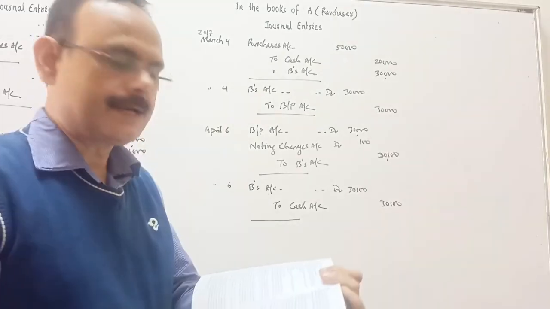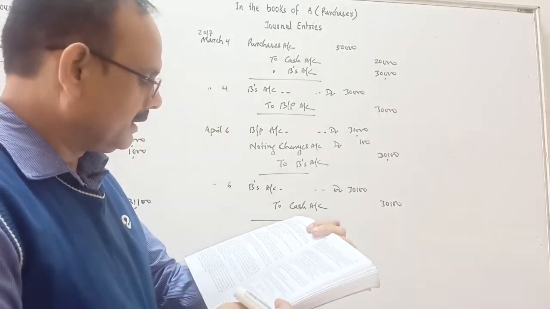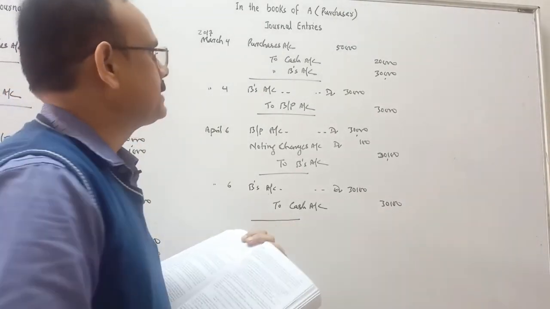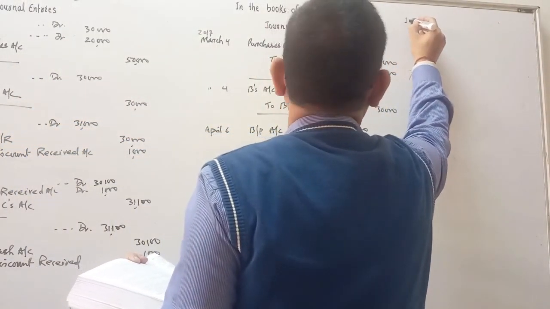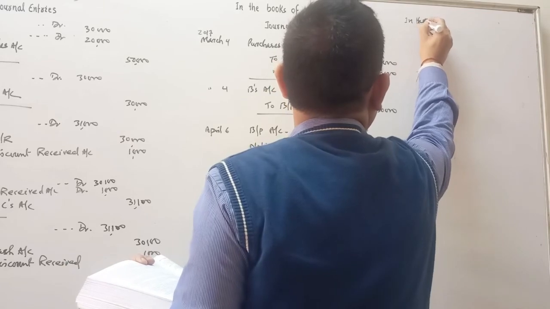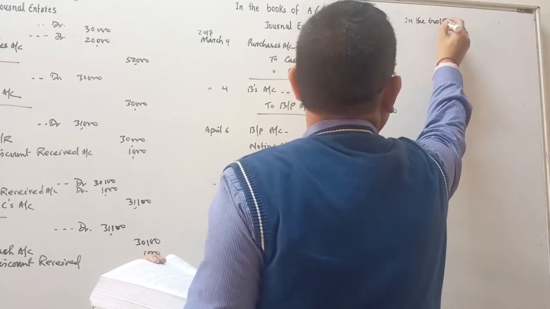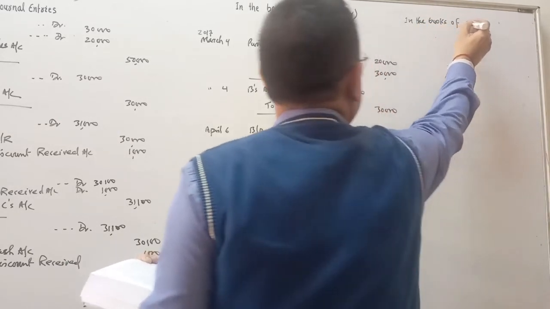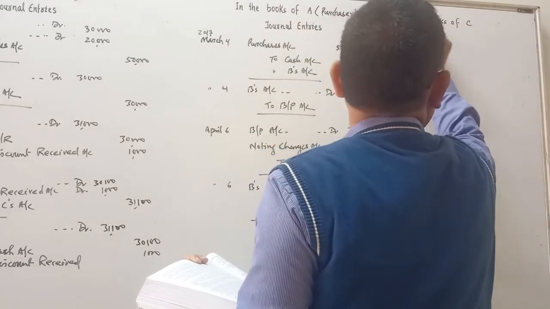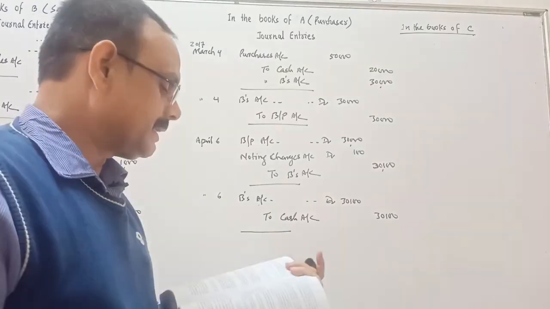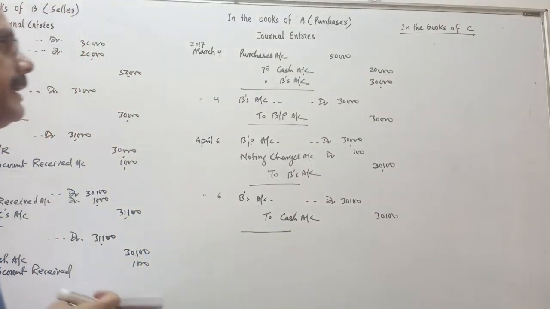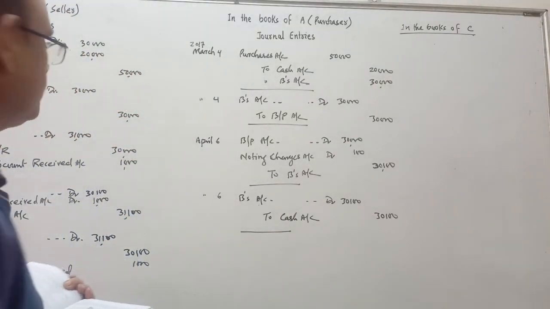Now we see what entry will pass in the books of C. C is the endorsee. Now see the journal entry in the books of C.